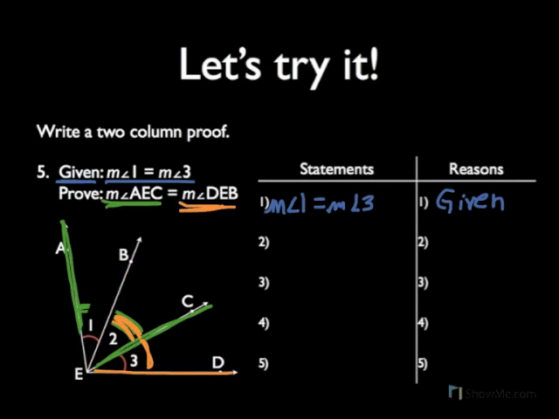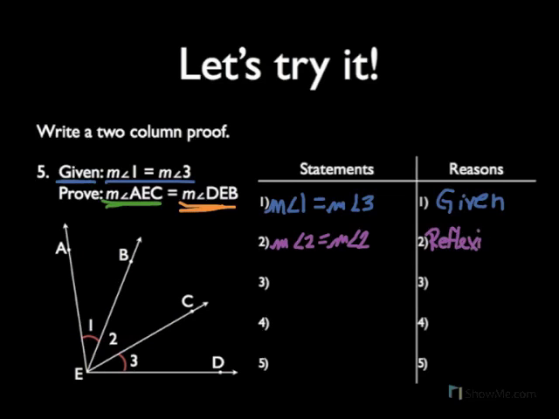So I'm going to do something really crazy here. And I am going to say the measure of angle 2 is equal to the measure of angle 2. What allows us to say something is equal to itself? That is the reflexive property of equality. So let's see what we can do with this particular statement now that we have both of these things.